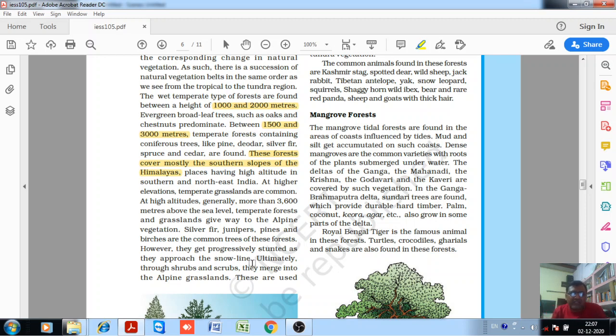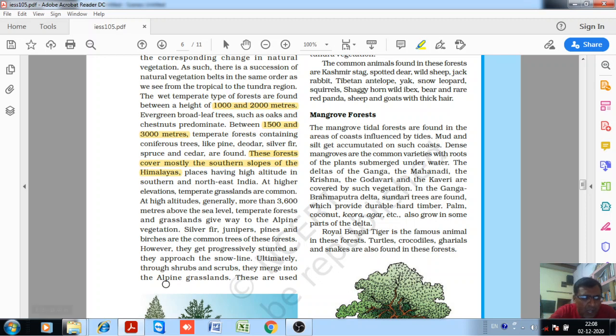Means as we reach the snow line, it is the area where snow starts, and we do not experience any vegetation above that line because that area is totally covered by snow.